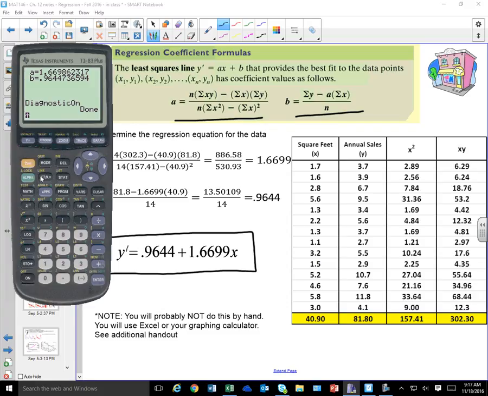Now, if you do second enter and second enter, it's going to bring up the last things that you typed in, so you can do that instead of going back to Stat and all that. So here's my linear regression, and I'm going to push enter, and this time I will see my R values there. We're going to want those in just a second. But this is how I would get, that's my slope there. The A value is the slope, the B is the y-intercept.